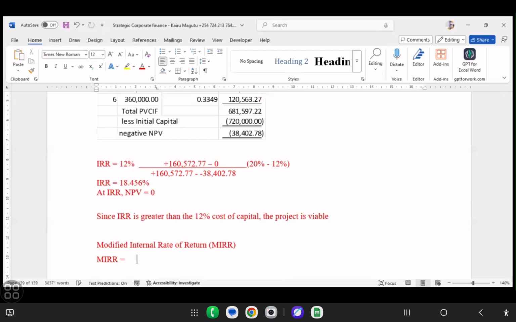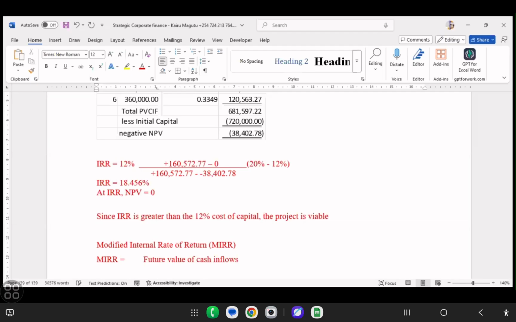Let me first put this one. Future value of cash inflows.